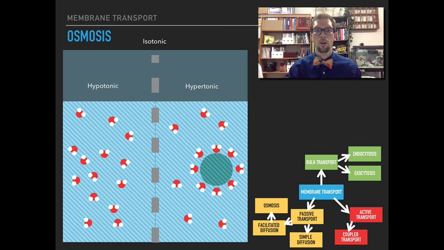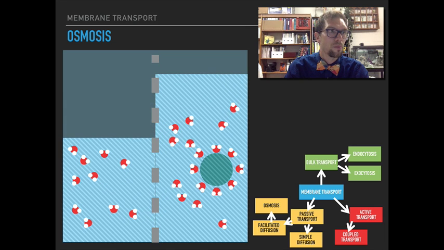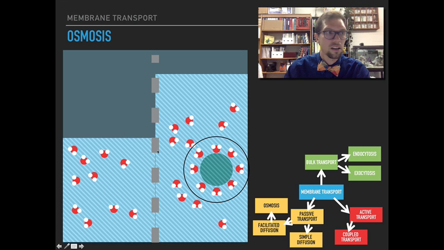Now, if there are equal amounts of solute on both sides, which is not the case here, we call those two solutions isotonic. Now, the water is going to be diffusing through these membranes, and you're going to have it move in both directions. But the key here is all of these water molecules that are bound to the solute are not free to move across the membrane.